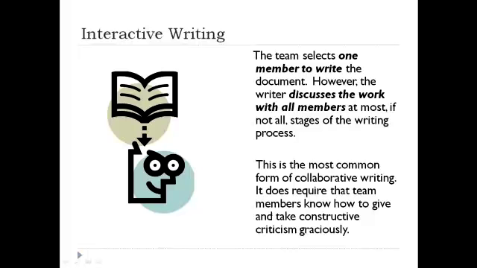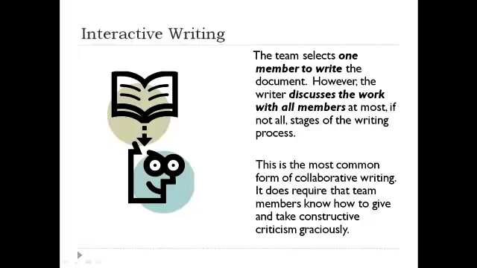So there are three ways that you can organize yourselves when you are trying to put together a collaborative writing project. The first is interactive writing, which is just where somebody is either elected or chooses to go ahead and take a stab at drafting the document and then probably sending it out and having everybody discuss it and give feedback and make changes, corrections, additions, etc. This is one of the most common forms of collaborative writing.